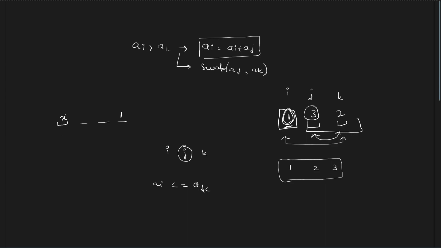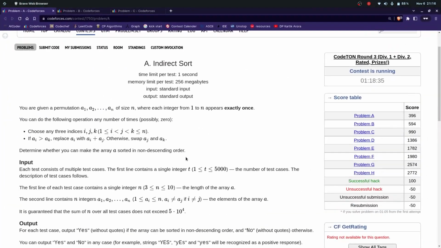Now the only operation you can do is add some value a[j] to x. It will not help us because it will just increment the value of x even more, so we will not reach our solution. So the only solution to this problem is when we have the smallest element at the first position, only then can we form a non-decreasing sequence.